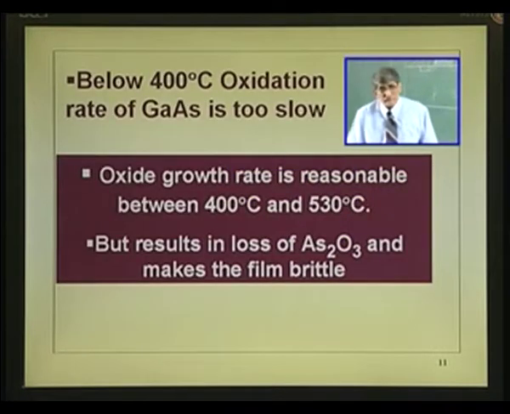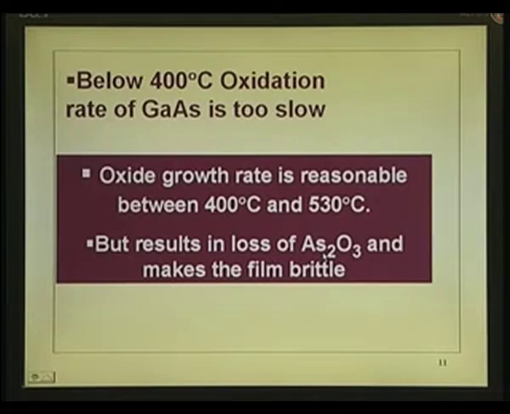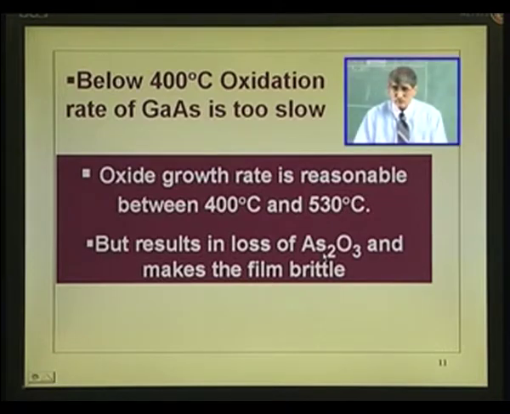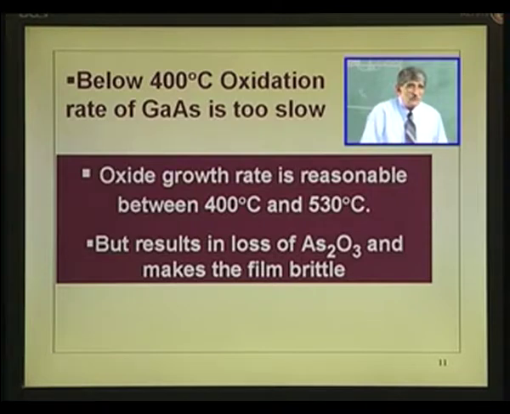They got reasonably amorphous oxide, but the result is, as you grow oxide, arsenic trioxide and gallium trioxide both grow, and you lose arsenic trioxide. So, you end up with gallium trioxide alone.